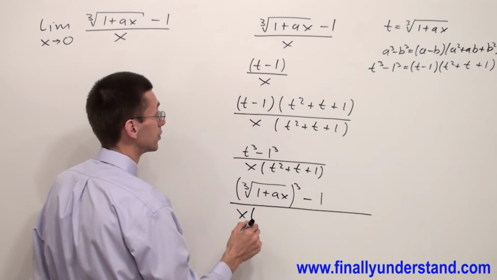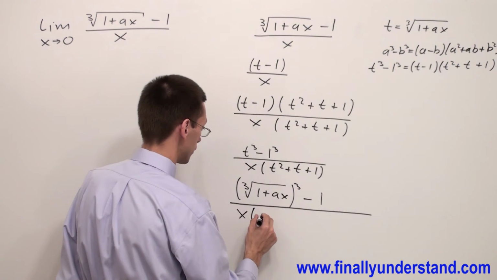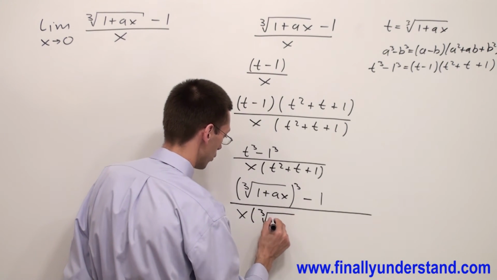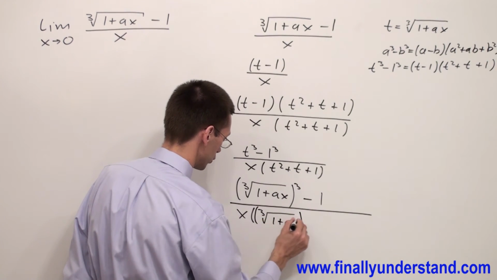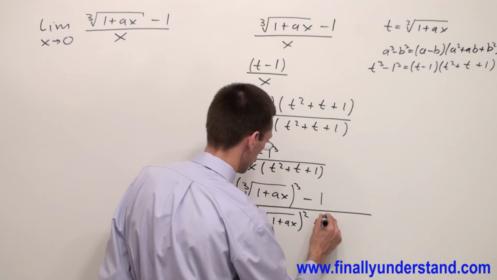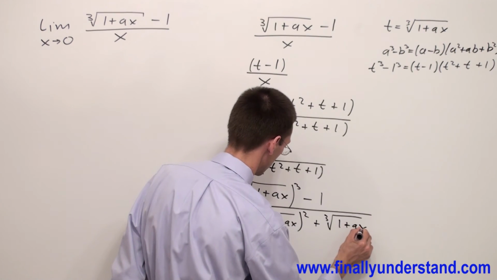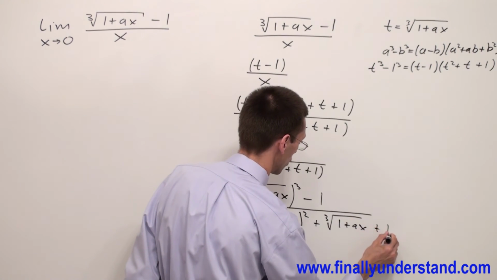Inside of the parentheses, I'm going to have cube root of 1 plus ax to the second power plus cube root of 1 plus ax, and I have plus 1.